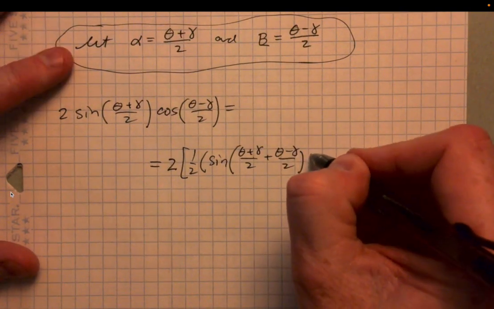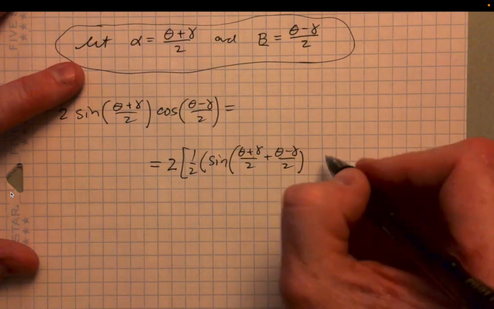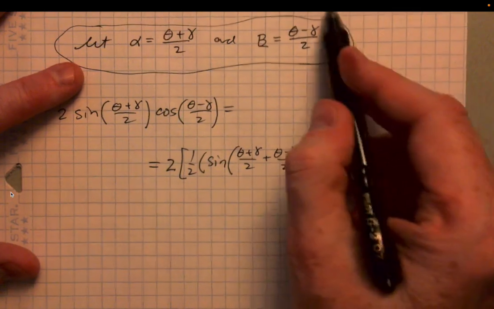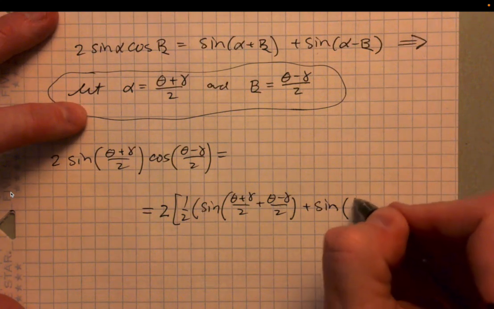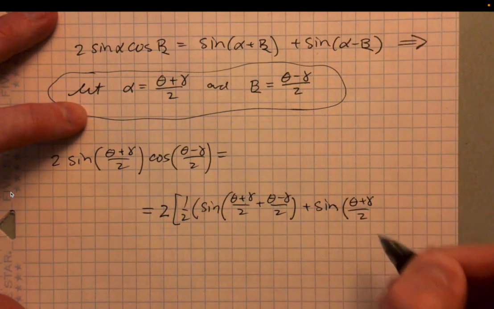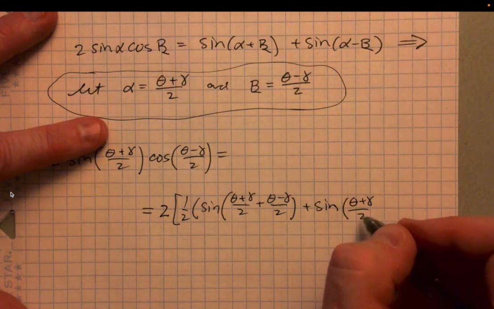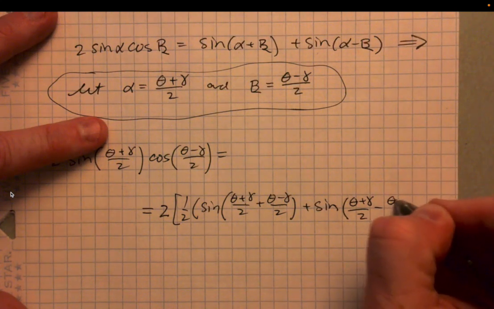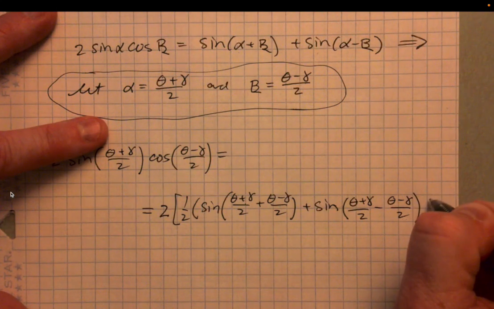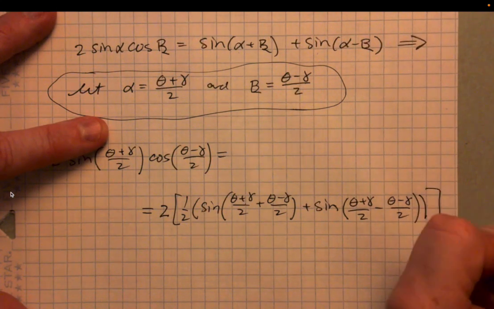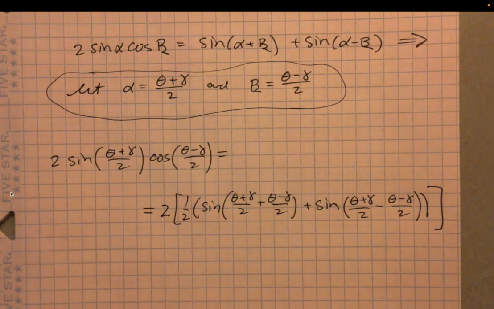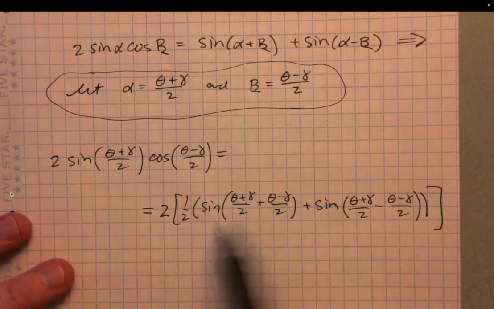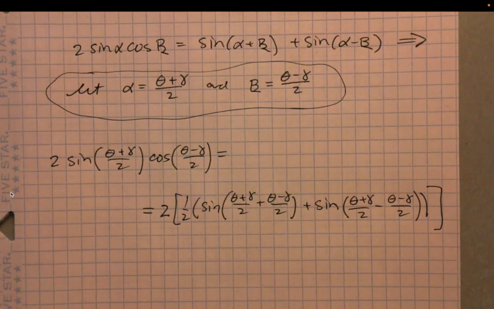And then plus the other sine, so plus sine of theta plus gamma over 2 minus theta minus gamma over 2. Okay, so just be a little bit careful here. It's 2 times 1/2, and we'll sort that out in the end.